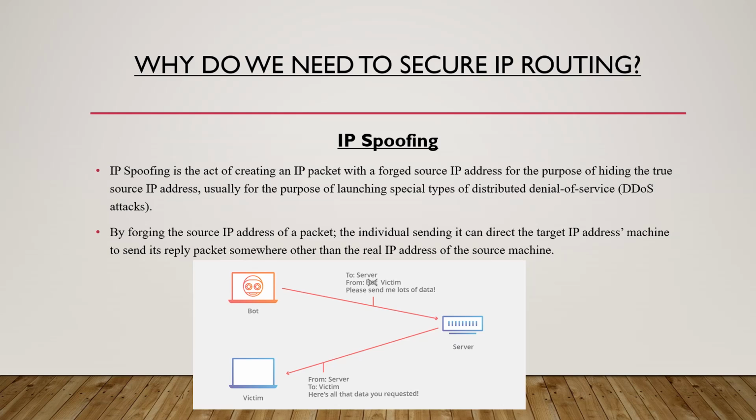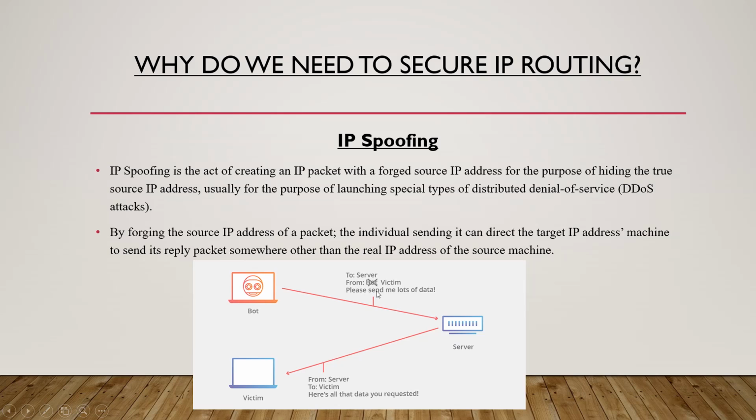By spoofing the source of the packet, the individual sending it can direct the target machine to send its reply packet somewhere other than the real IP address of the source machine. To understand this, I have shown a figure below of what exactly it means. Suppose this is a server and this is a victim. Now someone, an interceptor like a hacker, comes and sends the message as a bot.